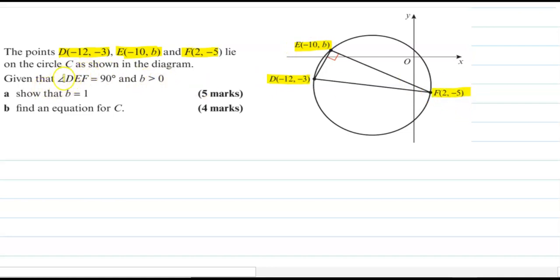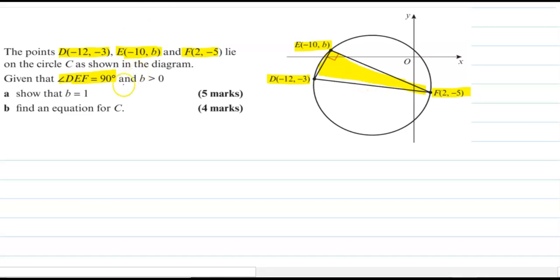Okay, and given that DEF is 90 degrees, so definitely because it is 90 degree using circle theorem, this is right angle triangle, so definitely DF will be a diameter. This is information we are getting from here.